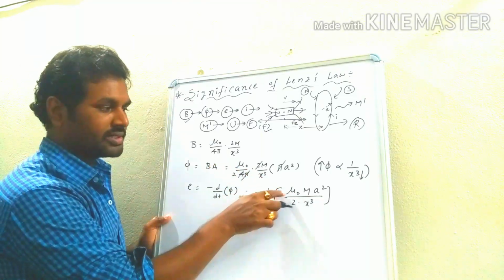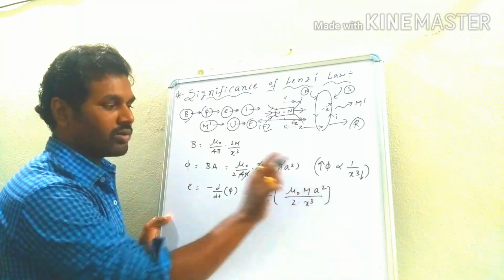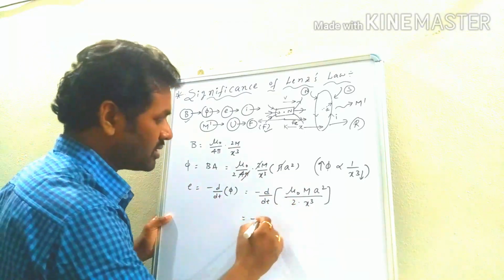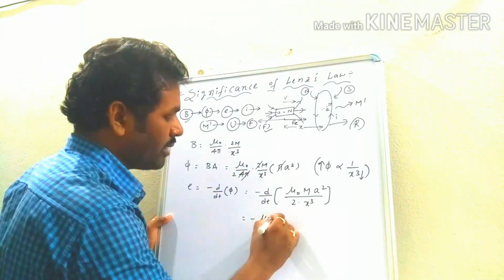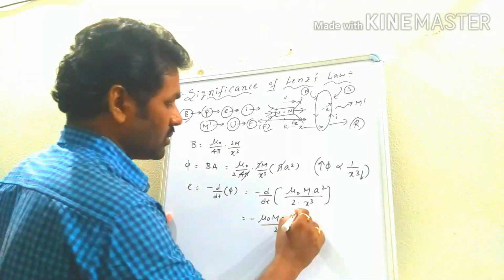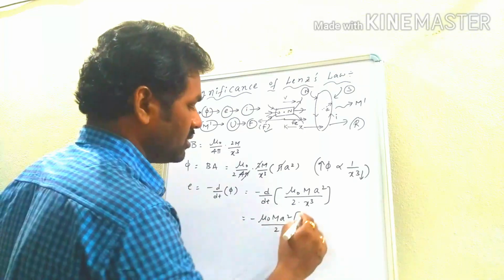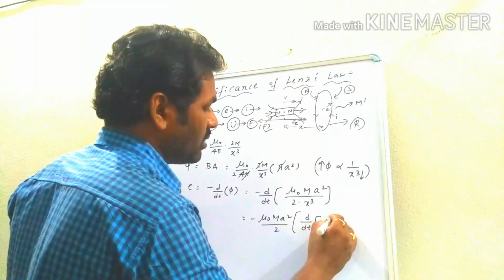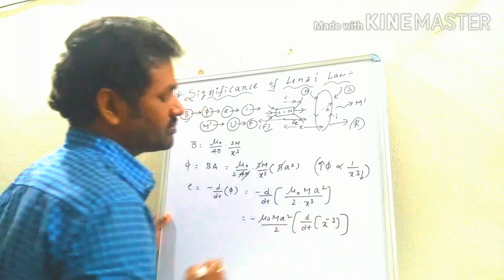Mu naught constant, magnetic moment constant, A square constant. Take them outside. So minus of mu naught m into A square divided by 2. In the bracket you can write d by dt of x power minus 3.